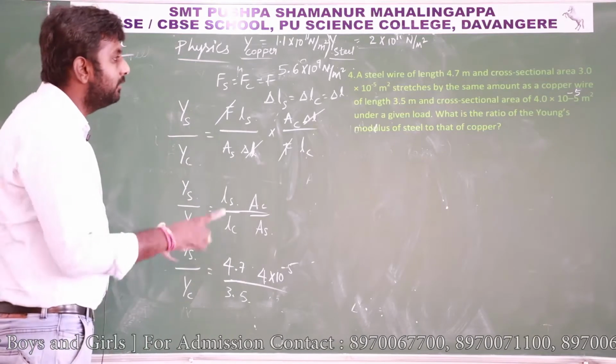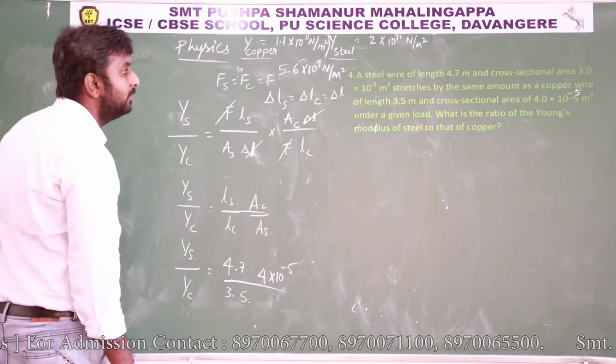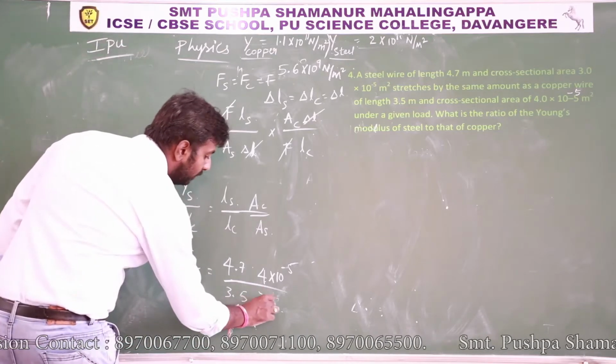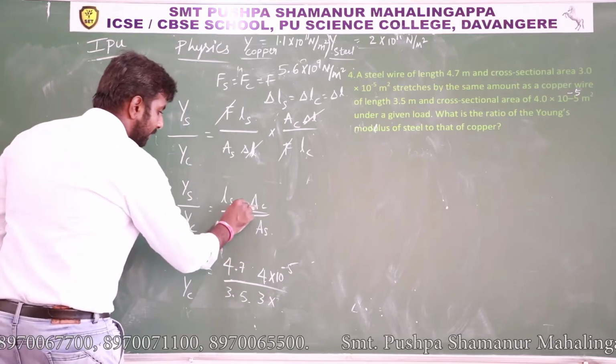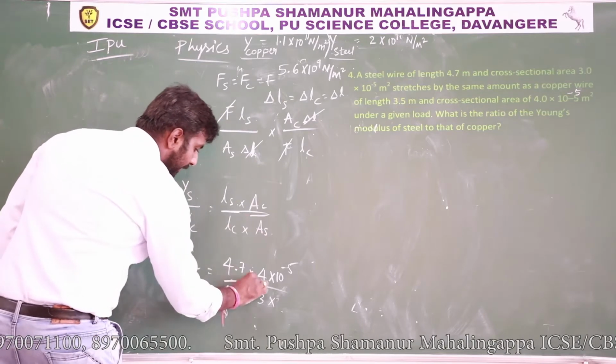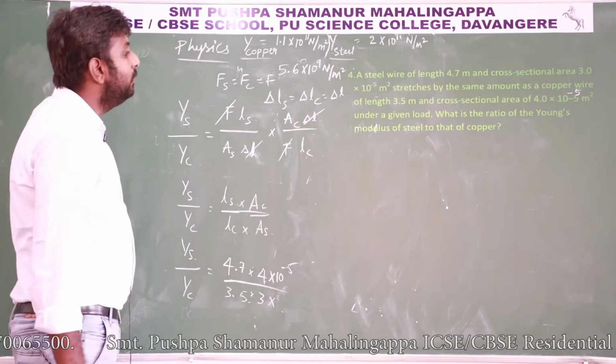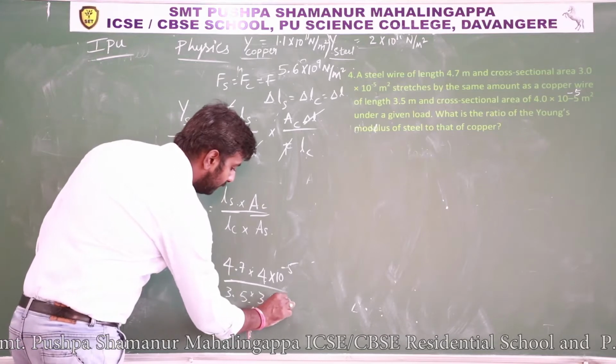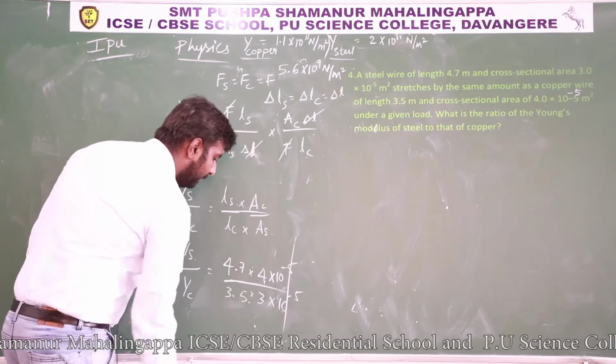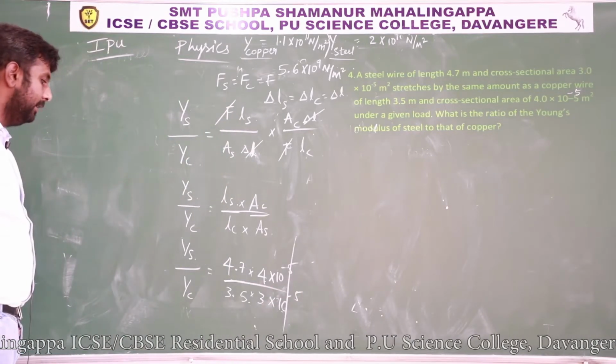And the area of cross section of steel is 3 into 10 to the power minus 5. So here the 10 to the power minus 5 terms will get cancelled.